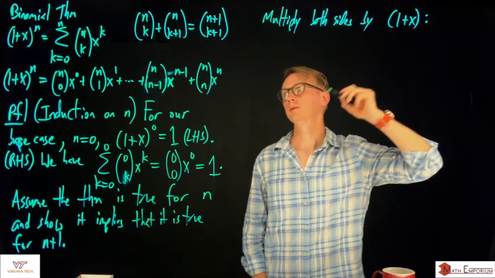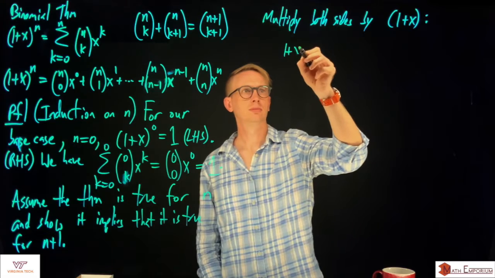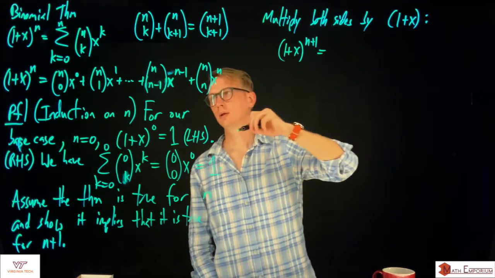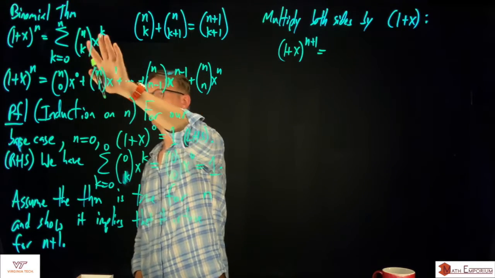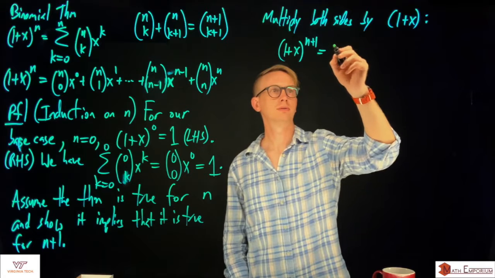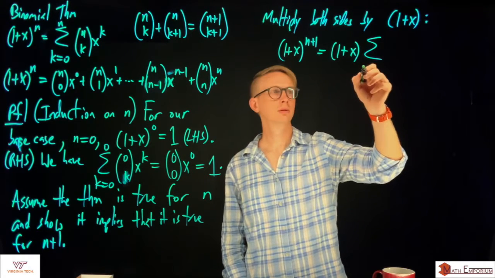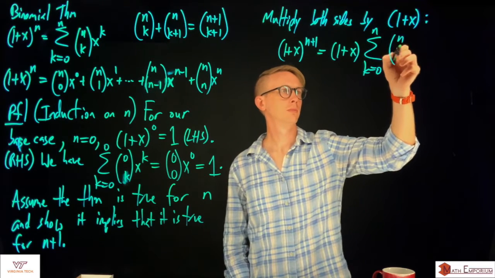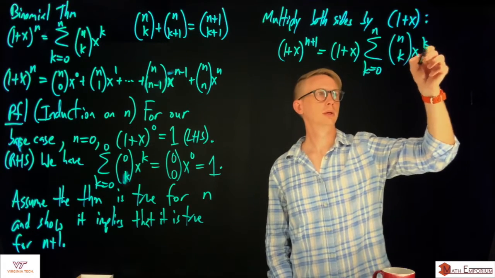Okay, we'll show what we get here. So when we multiply the left-hand side by 1 plus x, we get 1 plus x to the n plus 1. In the right-hand side, we don't get anything for free yet. We only have the right-hand side multiplied by 1 plus x. So we have 1 plus x, I'll write it down over here, it's a little cleaner, times the sum going from 0 to n of n choose k, x to the k.